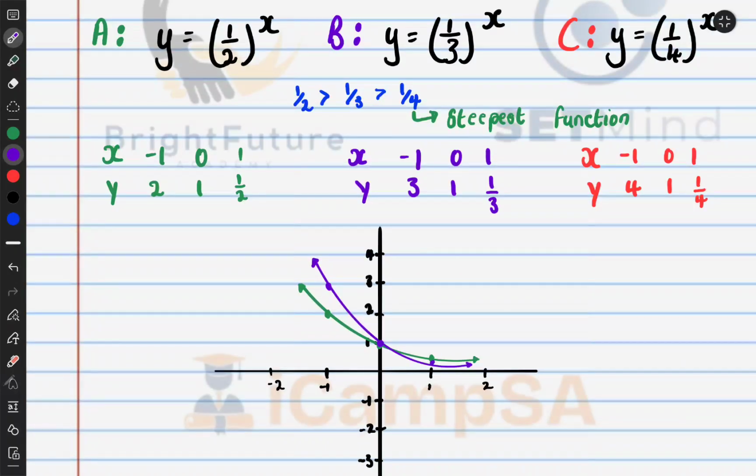And you have it, that is the second function. You can already see that the function y is equal to 1 over 3 to the power of x is much steeper than the first function.